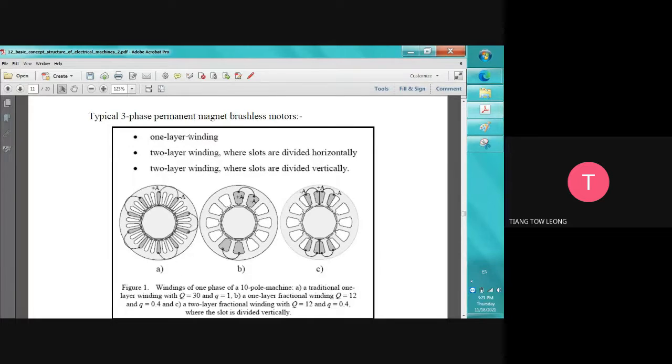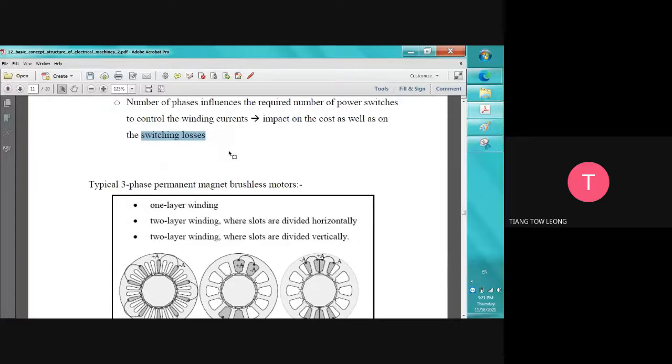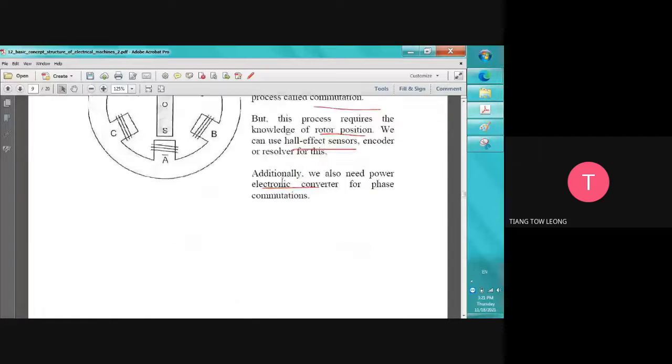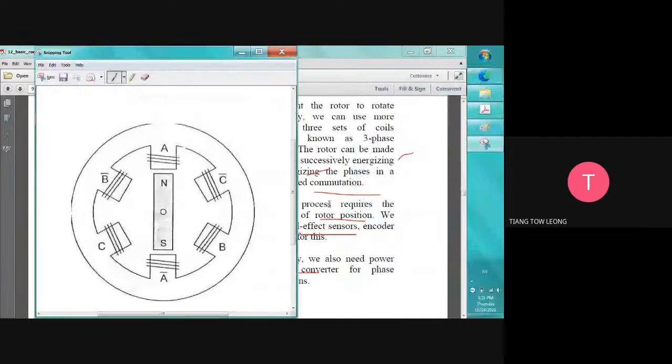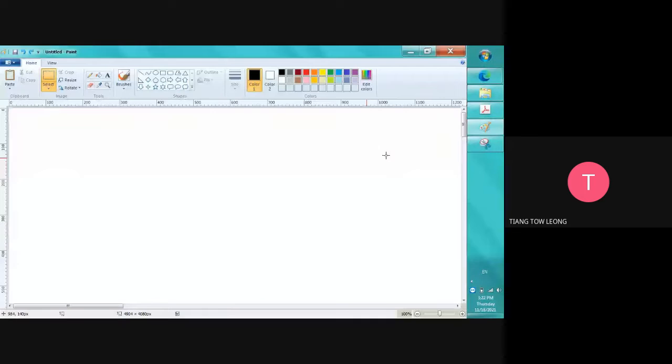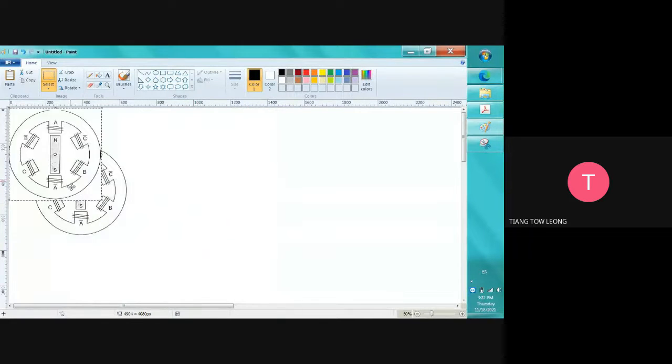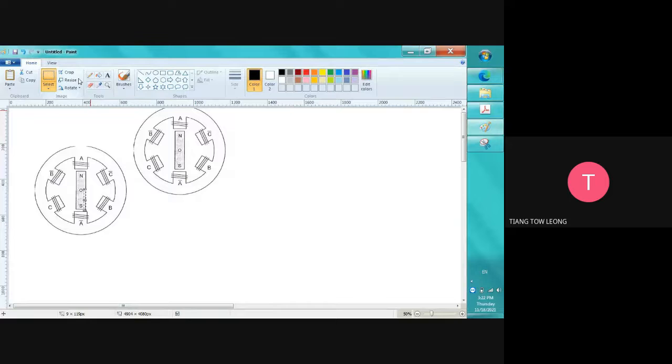Okay, we have a 1 layer winding and a 2 layer winding, which means a single layer and double layer. So 1 layer is something like, maybe I'll take this example. Let's say this is a 3D motor, like this.